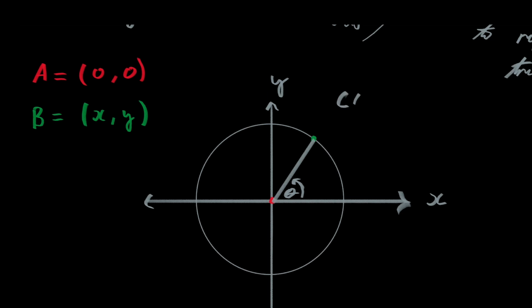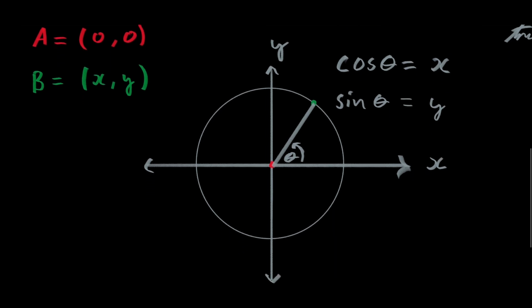By definition, the cosine of theta is just going to equal x. Similarly, definitionally, the sine of theta is going to equal y, so long as this circle is a unit circle. Now, what about tan?